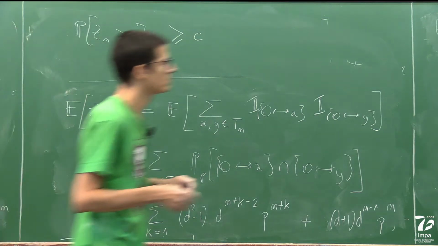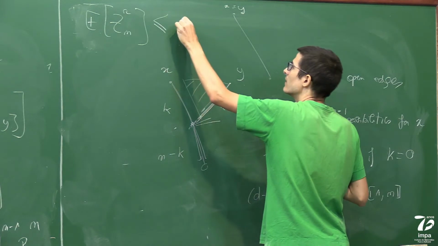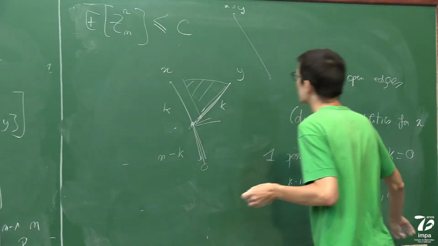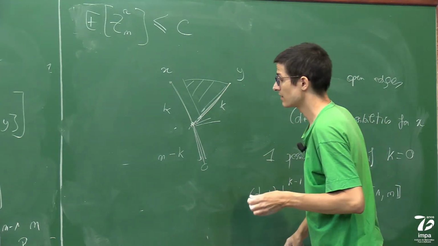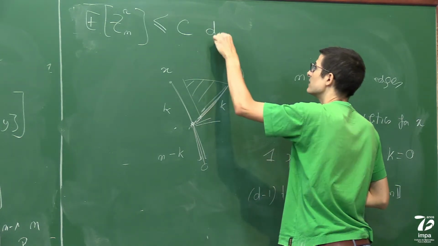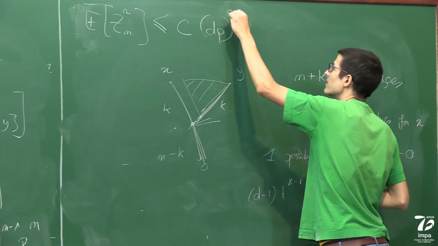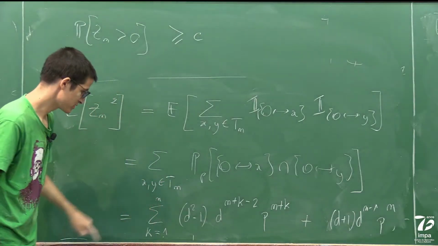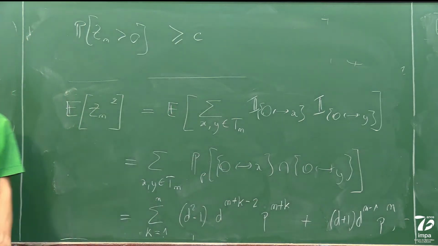So you won't have too much problem to show that this is smaller than a constant that depends on d and p times (dp)^(2n). The last term here corresponds to k equal n, so it's n plus k equals 2n.